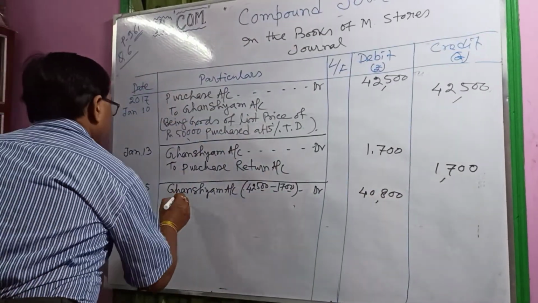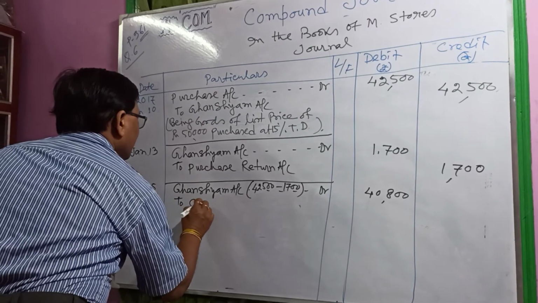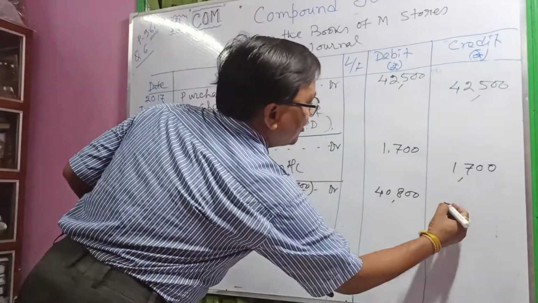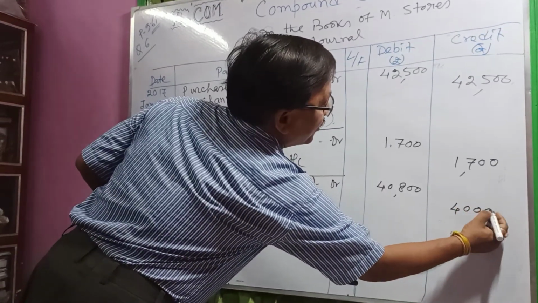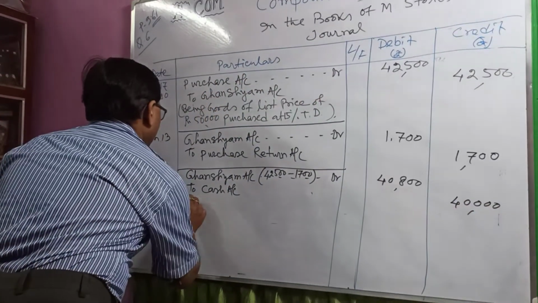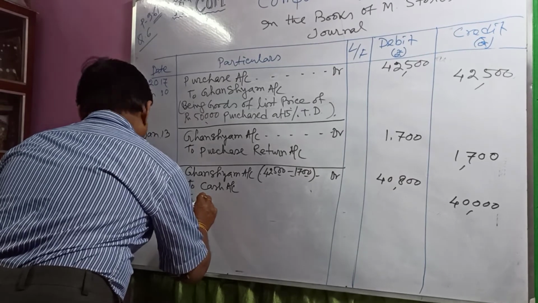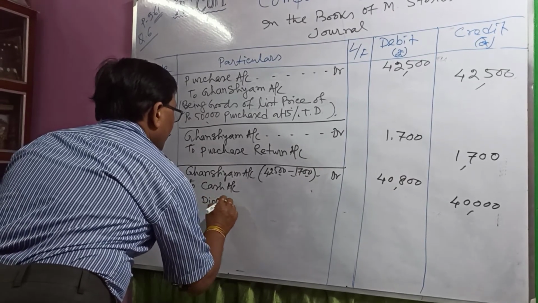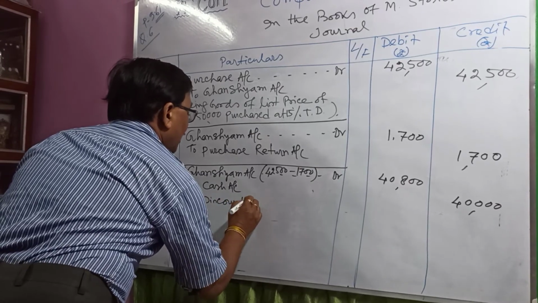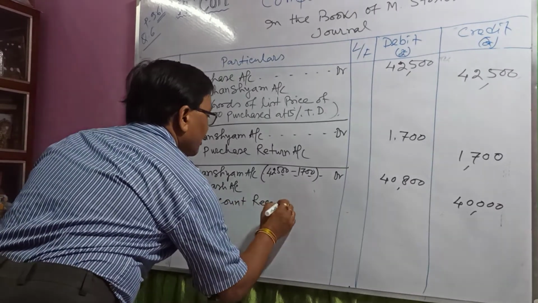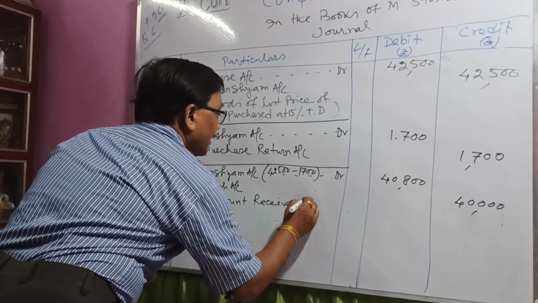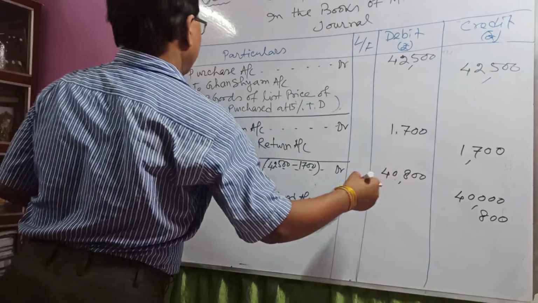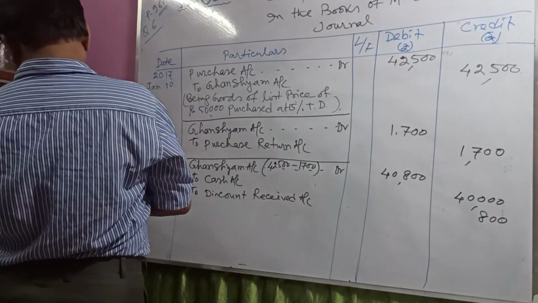But in this case, payment only cash. Cash goes out. Cash payment, what is the amount? 40,000. The difference is known as discount received, to discount received account. What is the amount of discount received? 800. That is the mixed journal entry or compound journal entry.